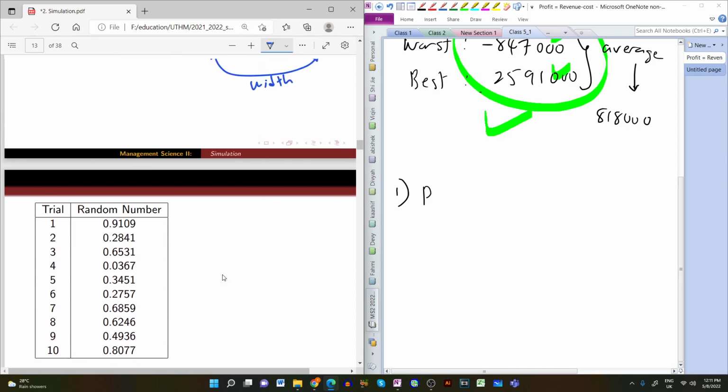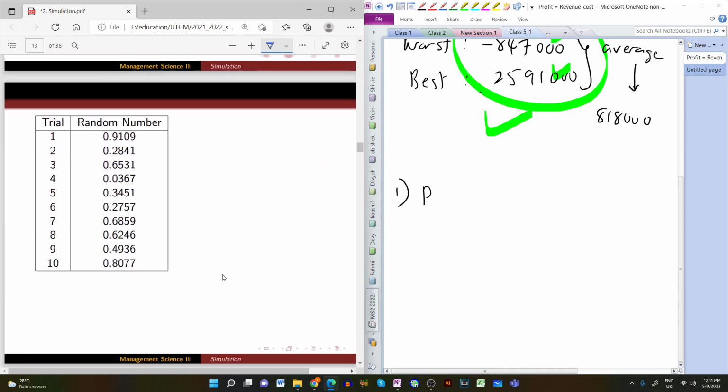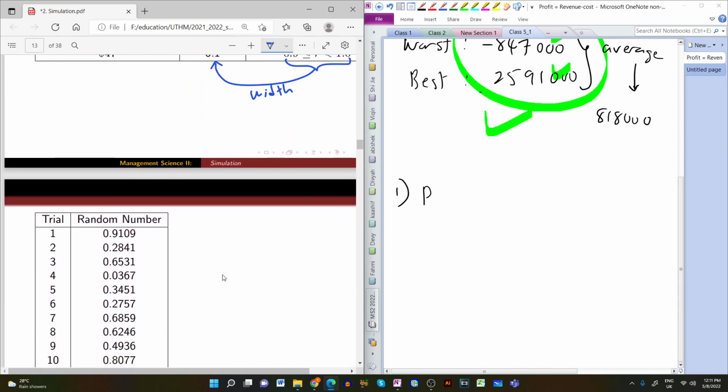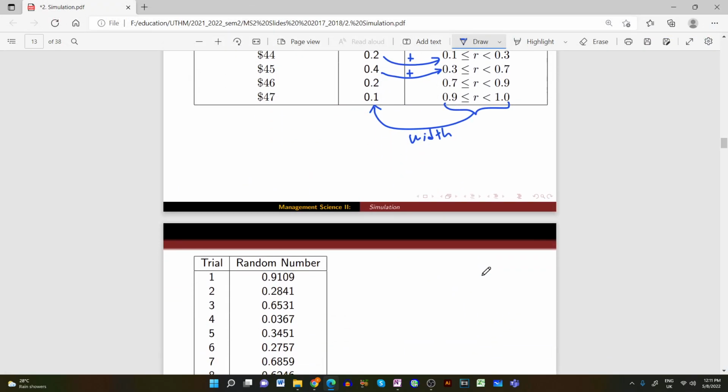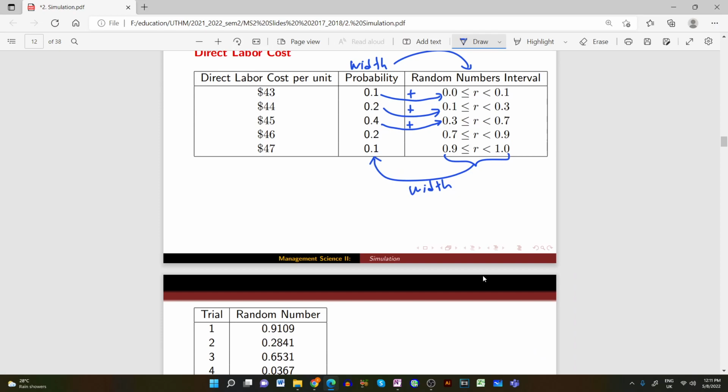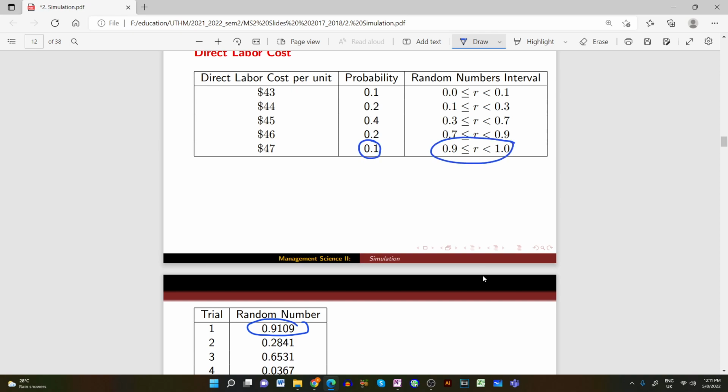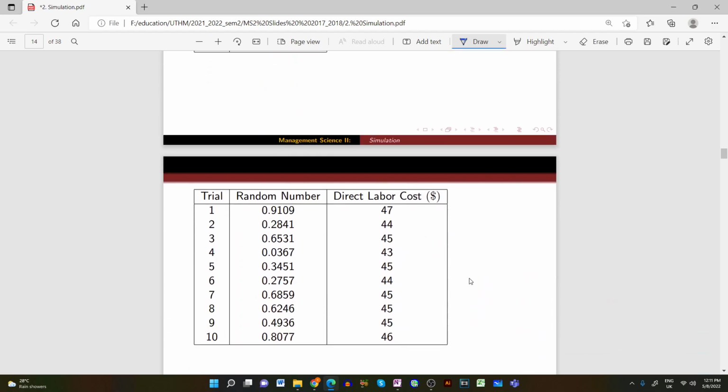Now for you to come out with the labor cost, for the first trial, look at this number 0.9109, where it falls in this interval. So for the first trial, the labor cost is 47 here.